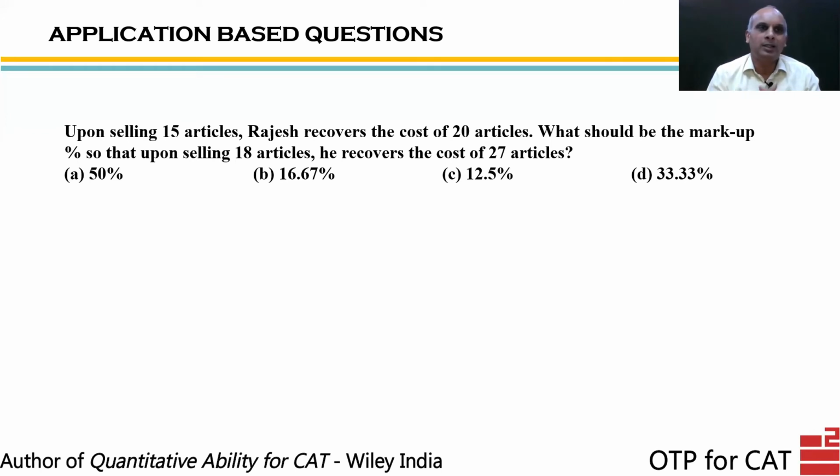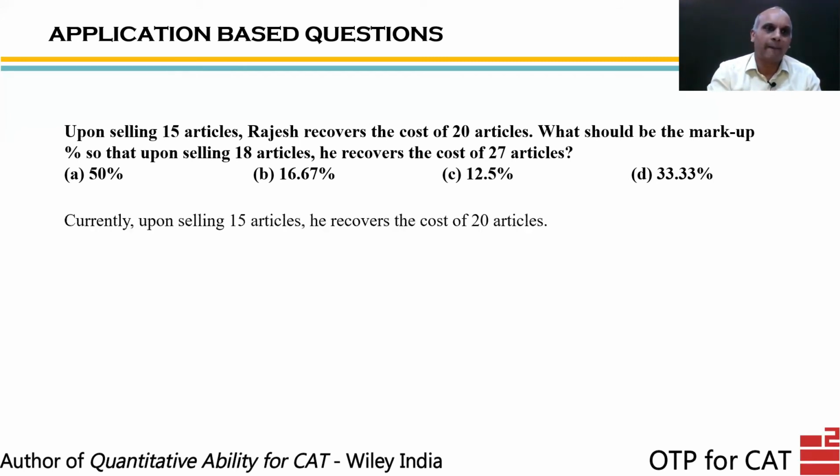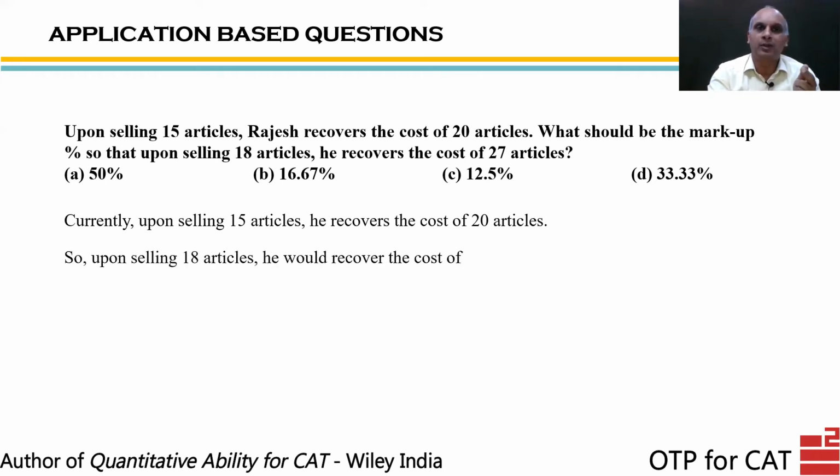We know that it's given that upon selling 15 articles, Rajesh recovers the cost of 20 articles. It means what? If he is selling 15 articles, he recovers the cost of 20 articles. If he were to sell 18 articles, he would recover the cost of, how do you find that? Again, apply the unitary method.